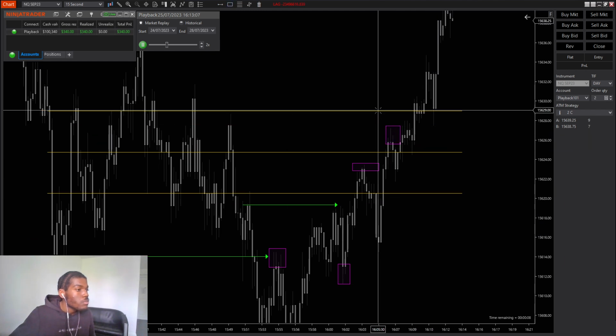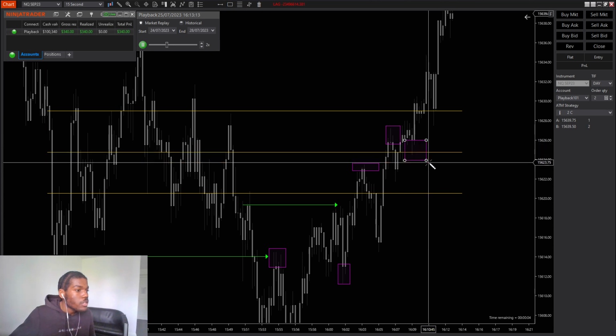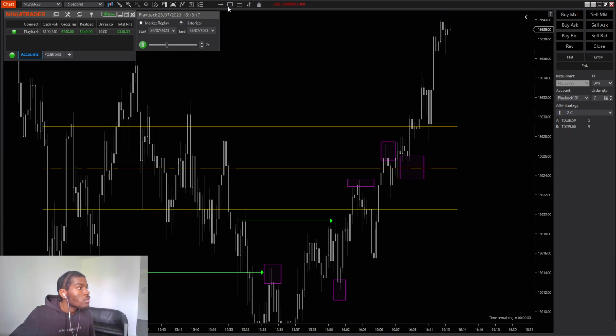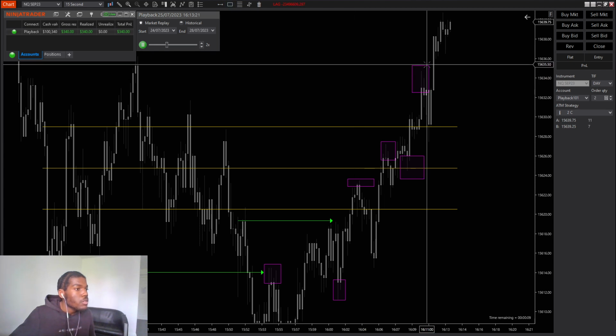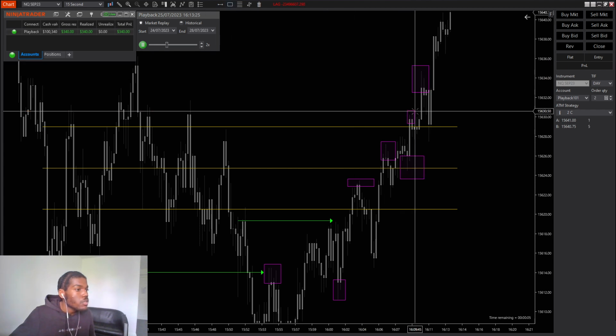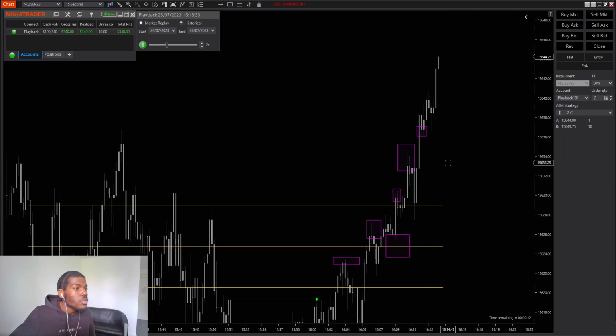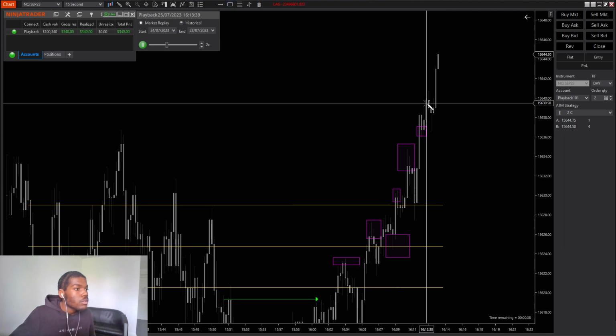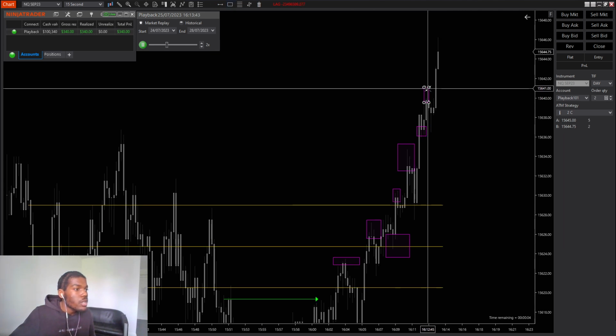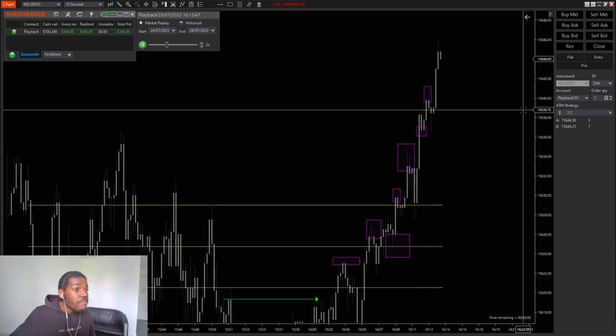You see a failure to close above and it goes down. You see a failure to close below and it goes up. You see a failure to close above and it goes down. So this confirmation is everywhere in the market.